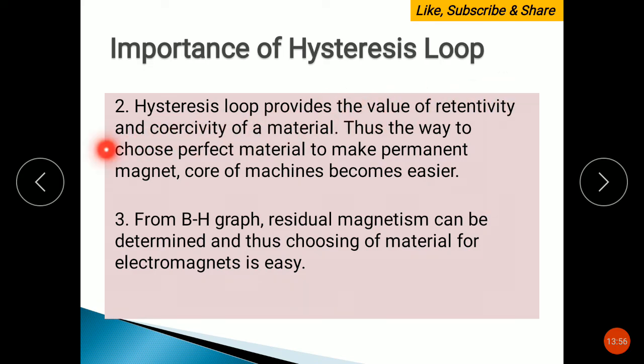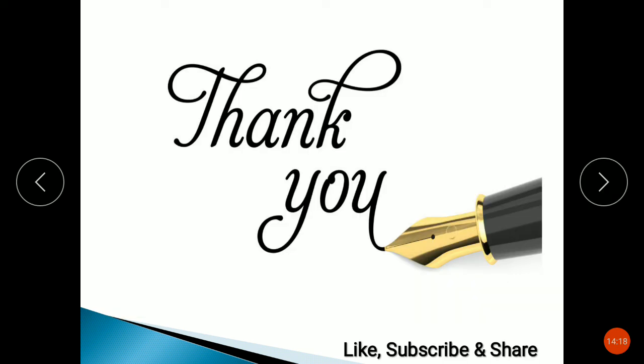By calculating these two values, we can easily choose the material for the cores of different machines. From the BH graph, the residual magnetism, the remaining magnetic flux, can be easily determined, and thus choosing material for electromagnetism is easy. So these are the different advantages of hysteresis loops. Thank you.